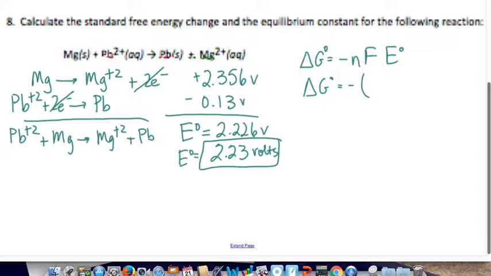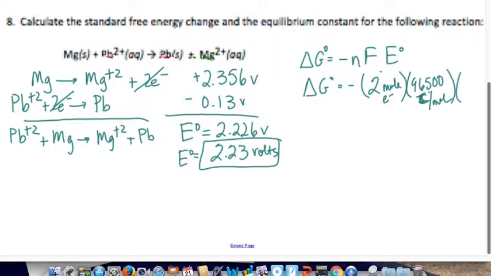We crossed out 2 electrons. 2 moles of electrons. It's all right, you're 0 for 2, no big deal. Faraday's constant? Yeah, 96,500 joules, coulombs, it's a charge per mole of electrons.